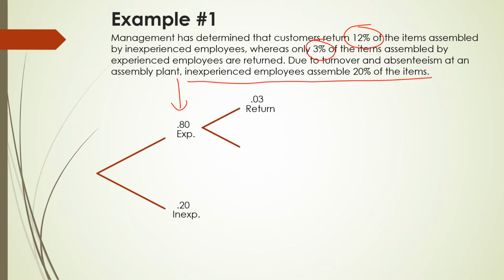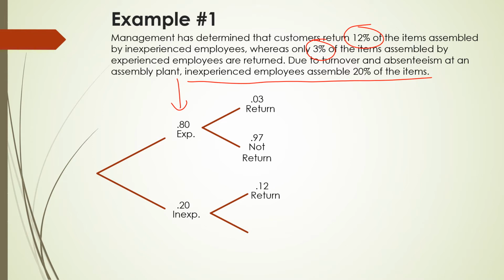And so for experienced employees, 3% of their items are returned. So therefore, remember, you need to add to 100%. So you know 97% of their items aren't returned. So then let's go to inexperienced employees and set up that part of the diagram. In that part of the diagram, I still have what's returned.